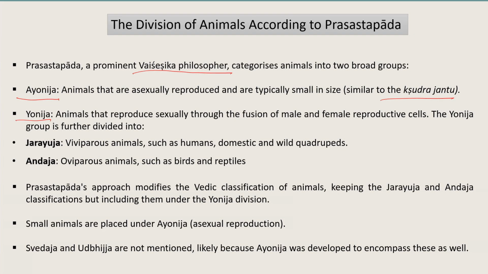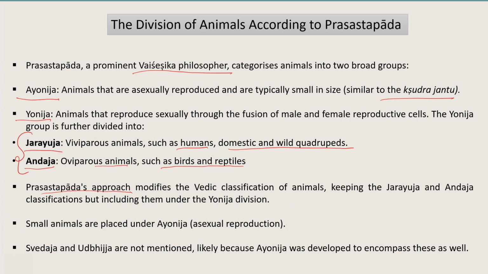The yonij group is further divided into two groups. That is Jarayuj, viviparous animals such as human, domestic and wild quadrupeds. Second is Andaj, oviparous animals such as birds and reptiles.